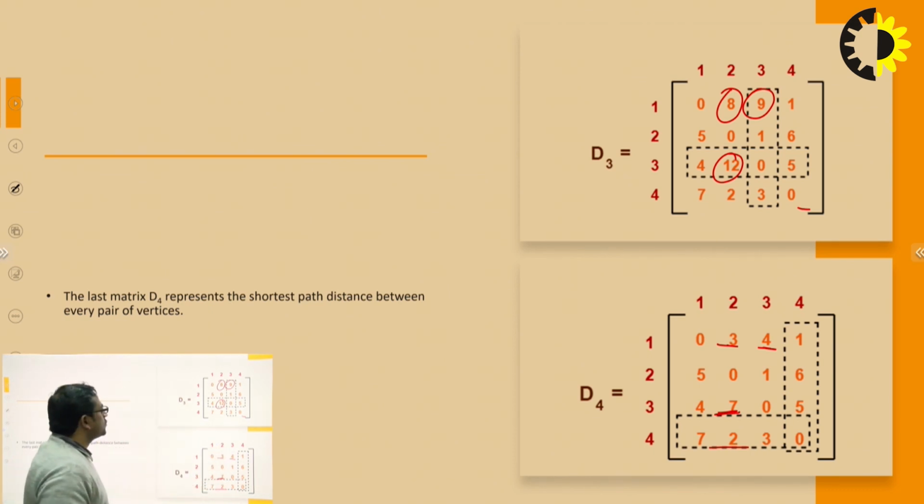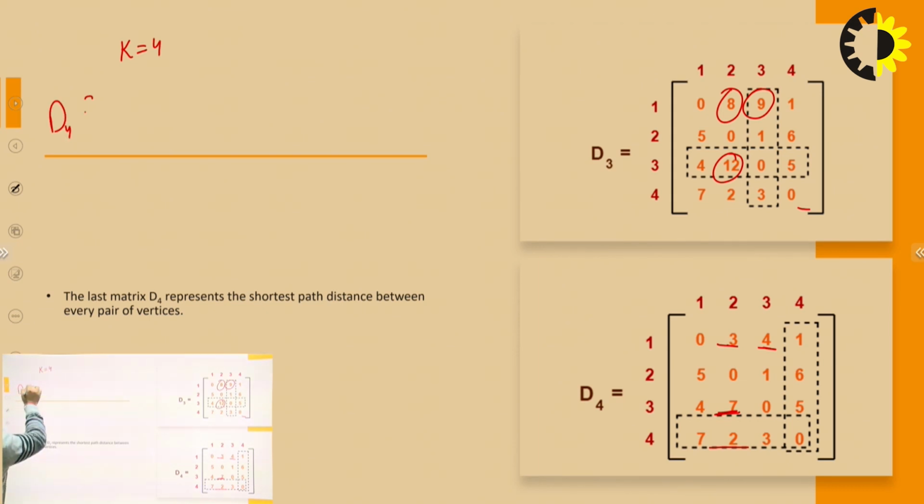Okay, I'll just show you only one. You can check any. So k is equal to 4 here. I am calculating D4. You can take here 3 2.